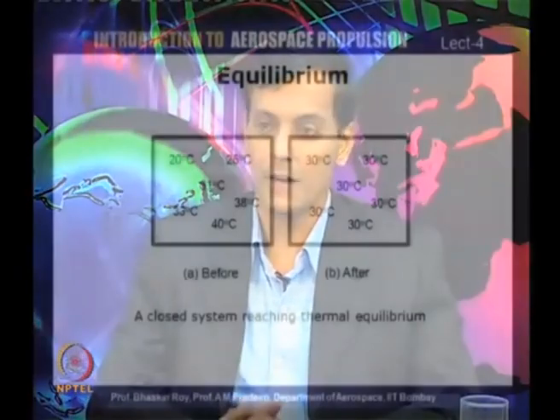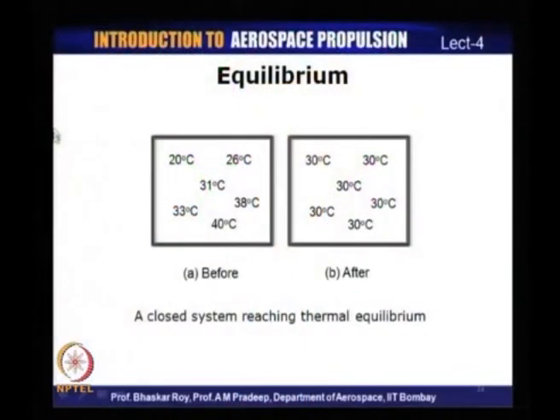Now, let us look at an example of a system which is initially not in equilibrium and then comes to an equilibrium state. The example shown here is a system which initially had different temperatures in different parts, ranging from 20 degrees Celsius to 40 degrees Celsius.